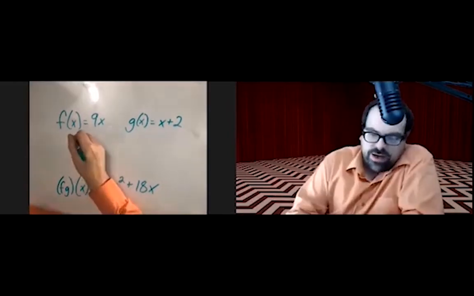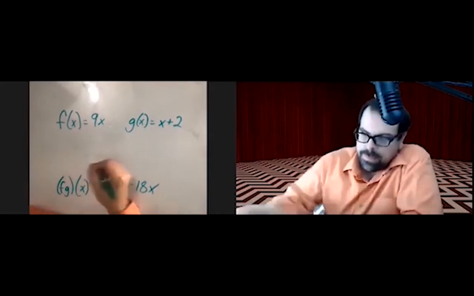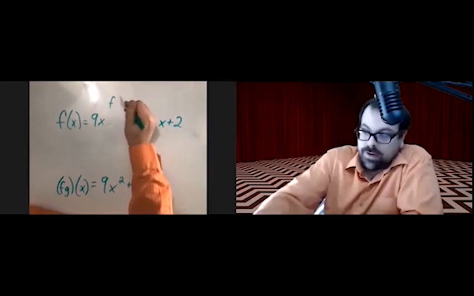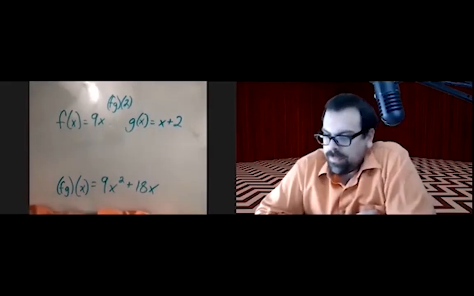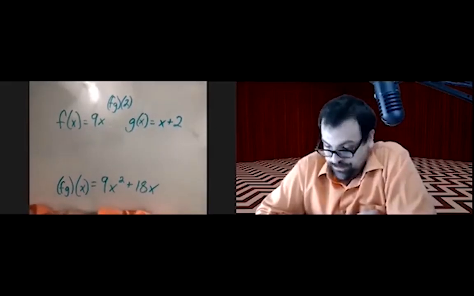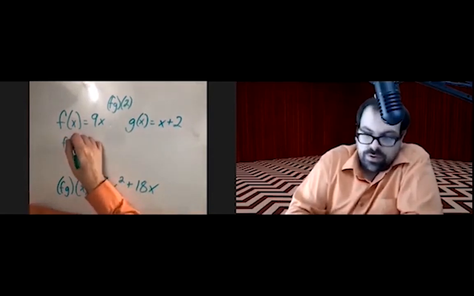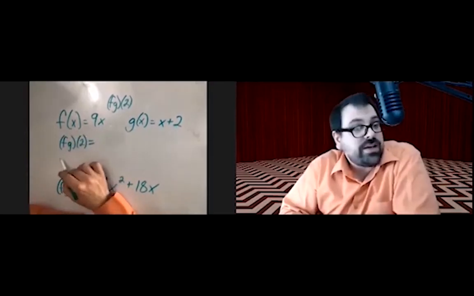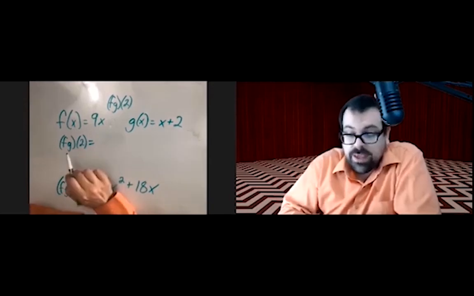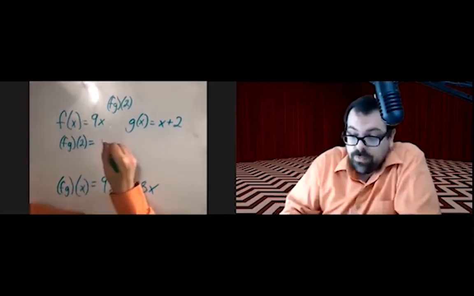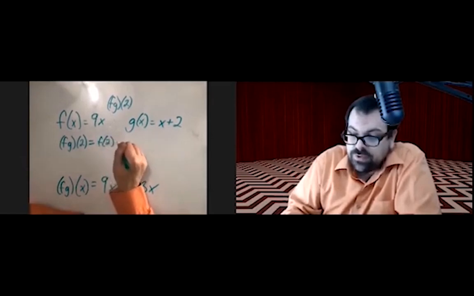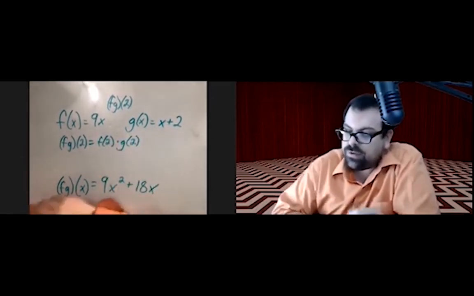Let's say we wanted to find fg of 2. Well, one way to do this, fg of 2, just like fg of x is f of x times g of x, fg of 2 would be f of 2 times g of 2.